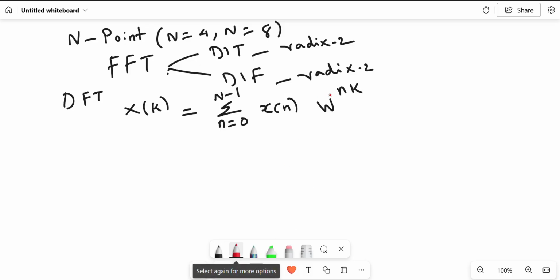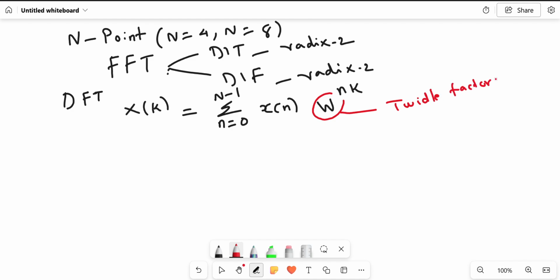So the W plays a vital role, that is the twiddle factor.